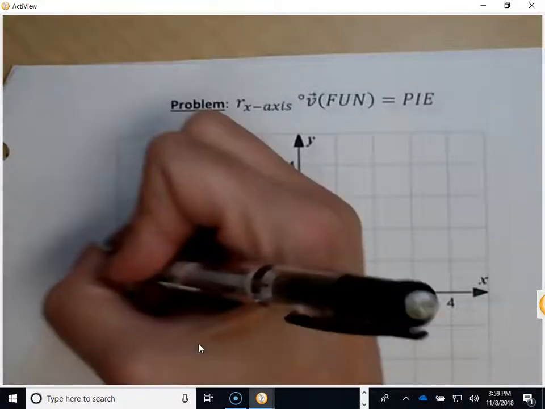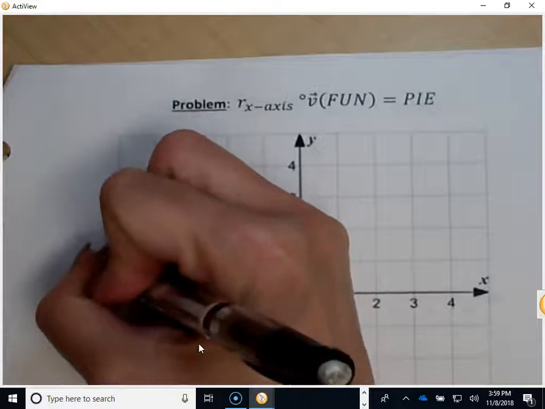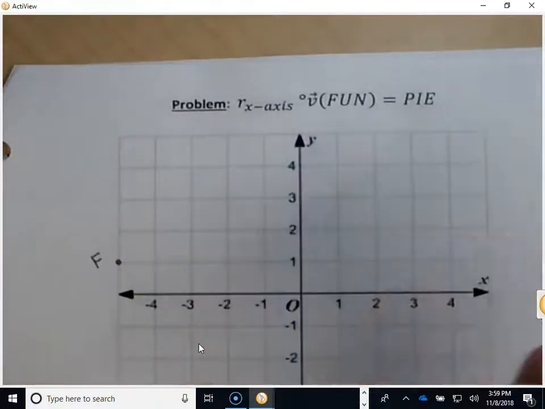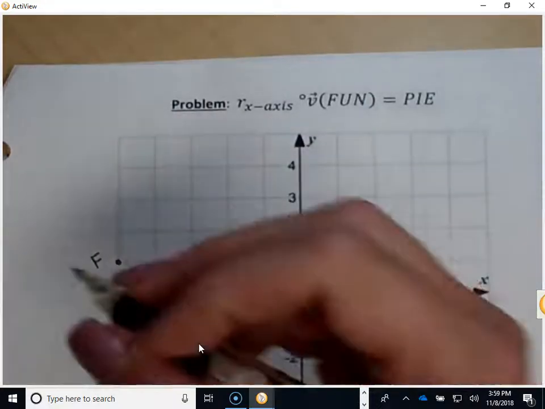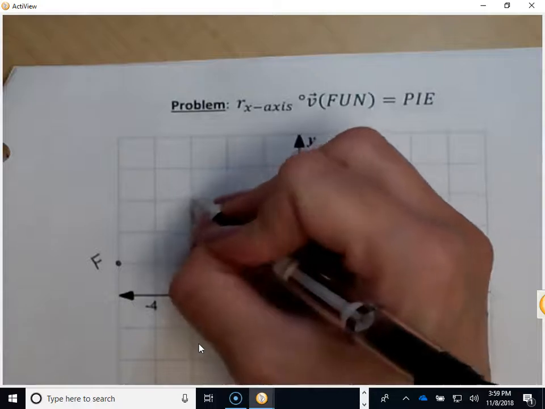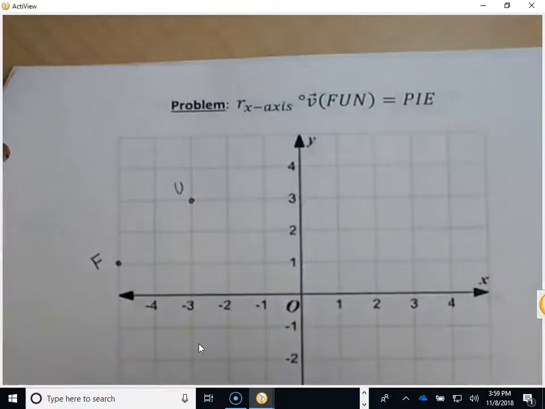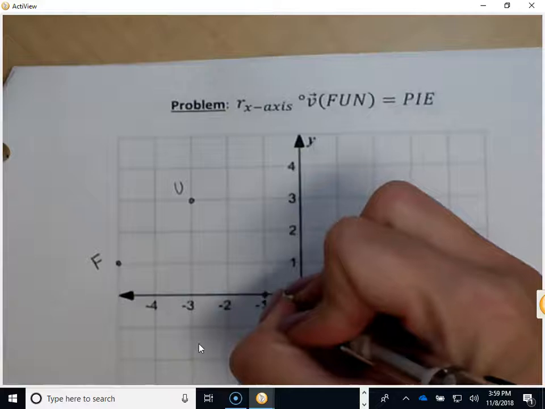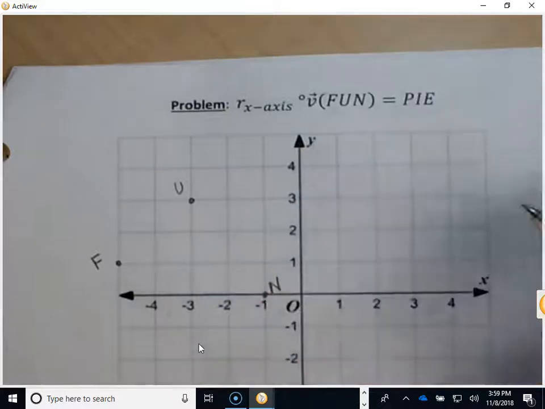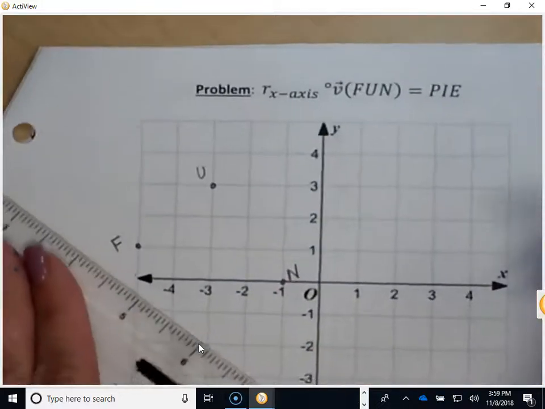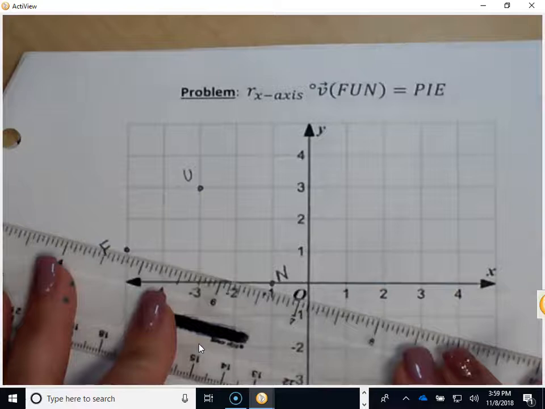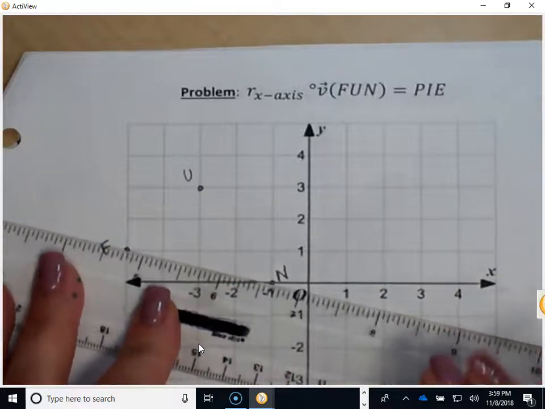So I'm going to put F at negative 5, 1. I'm going to put point U at negative 3, positive 3. And then I'm going to put N at negative 1, 0. So go ahead and plot those 3 points and then connect them using your ruler.